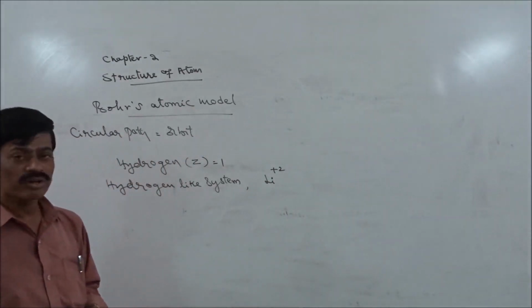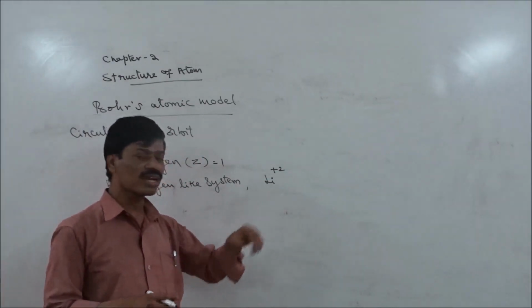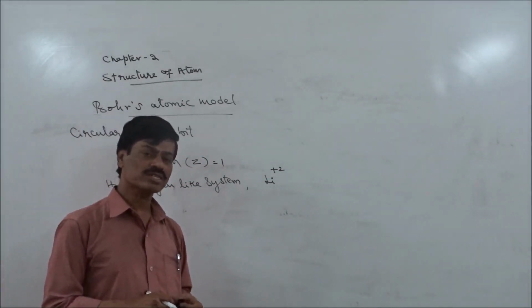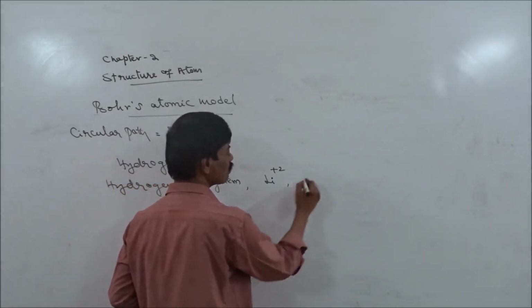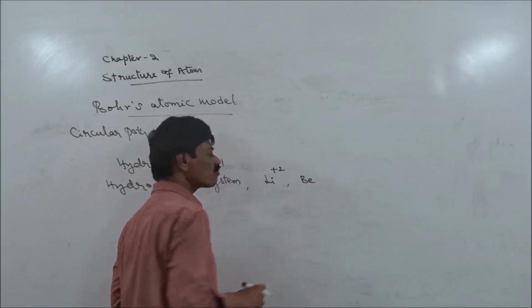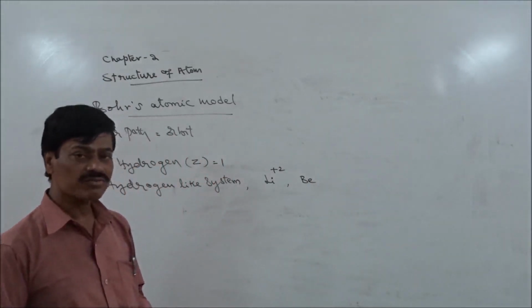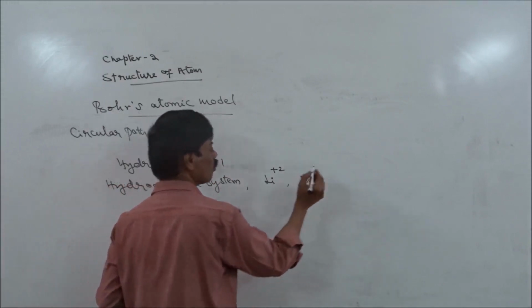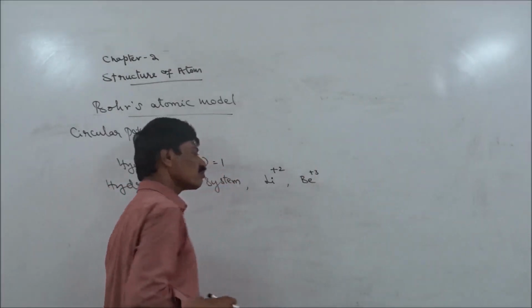So it should have 3 electrons in it. When we remove 2 electrons from lithium, we will get Li plus 2. This is one example. And the second example is beryllium, atomic number 4, so it should have 4 electrons. When we remove 3 electrons from beryllium, only 1 electron will be left, and that is represented by Be plus 3.